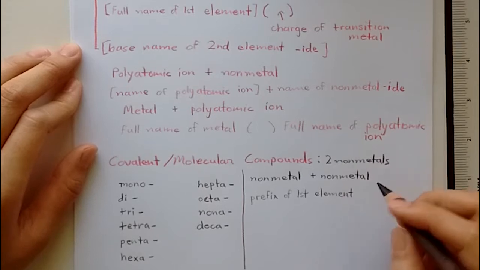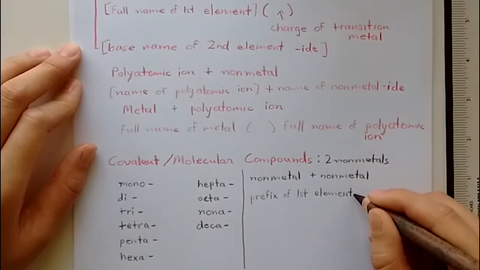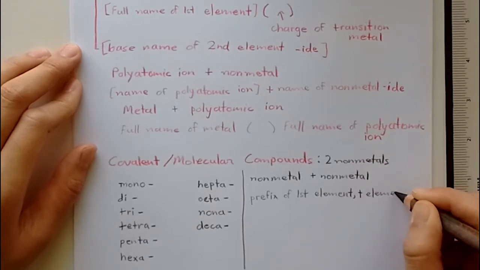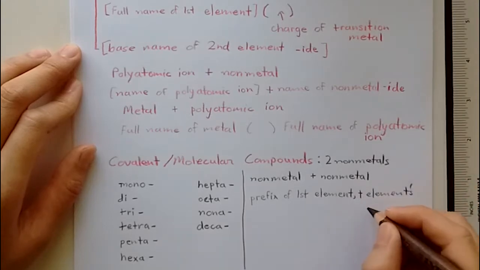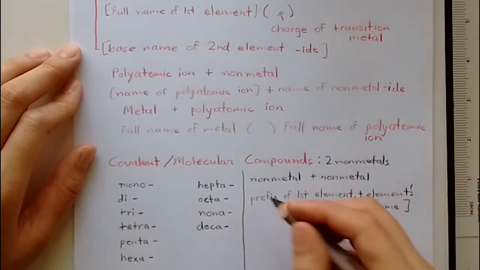And these are combined, so in one word, you'll have the prefix and the element's name. So this will be one part.